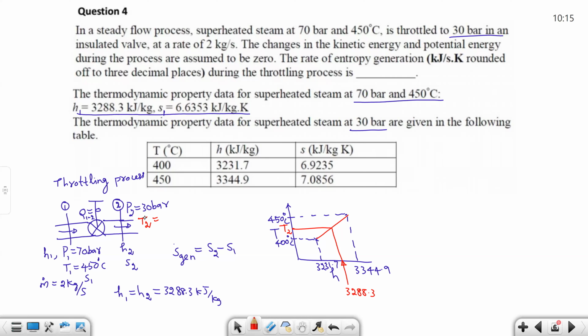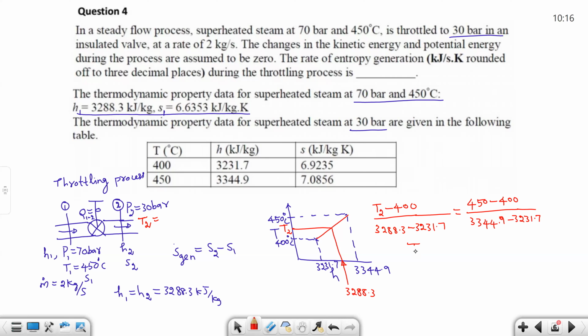So using a linear interpolation, for T2: (T2 minus 400) divided by (3288.3 minus 3231.7) is equal to (450 minus 400) divided by (3344.9 minus 3231.7).